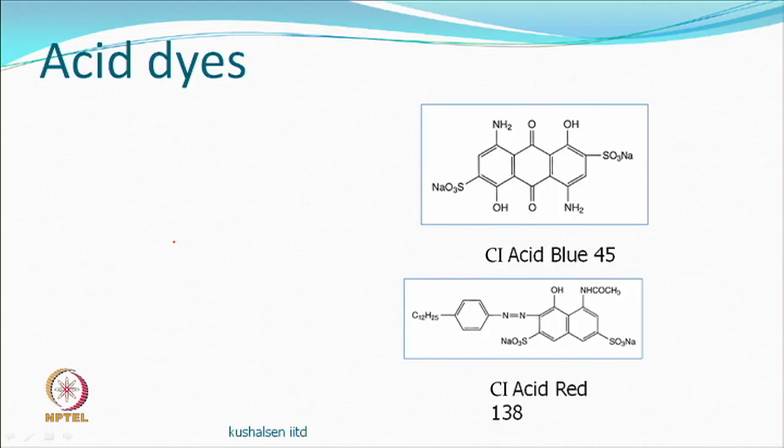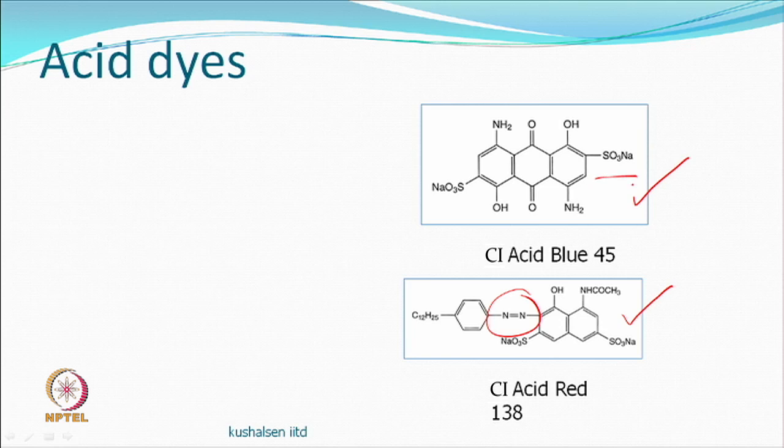Then the acid dyes. Common ones are anthraquinone based dyes and also azo based dyes. You have this group, and the anthraquinone by itself acts as the chromophore. Sometimes people ask, they also have a solubilizing group.